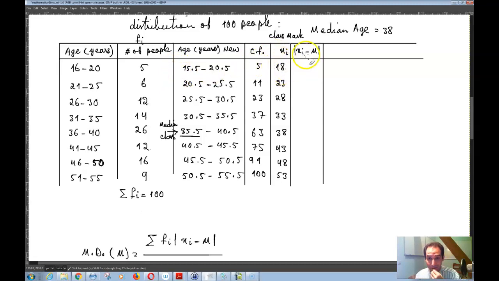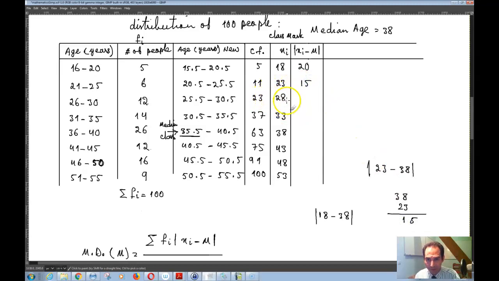For example, 18 minus 38, so 38 minus 18 is equal to 20, so that's a 20. 23 minus 38, the absolute value of that, so you get 38 minus 23, that's 15.